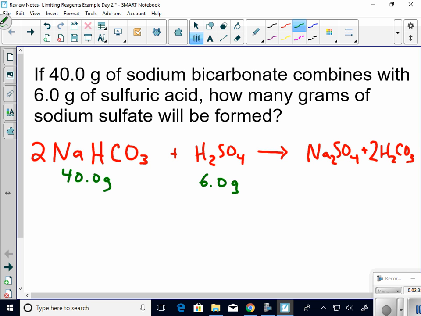What do you think the chances are that all 40 grams of the sodium bicarbonate are used up, and that all 6 grams of the sulfuric acid is used up? What do you think the chances are that they'll react exactly in those amounts? Okay, it's not very good. Something has to be used up.